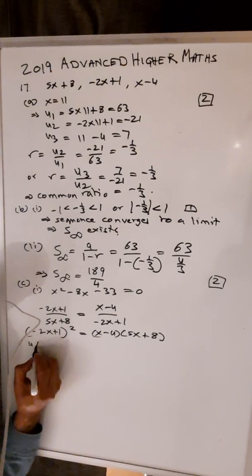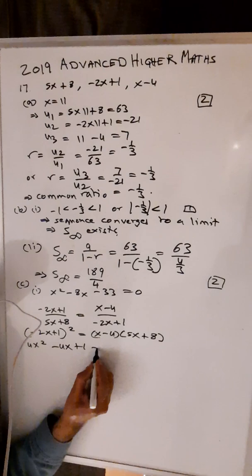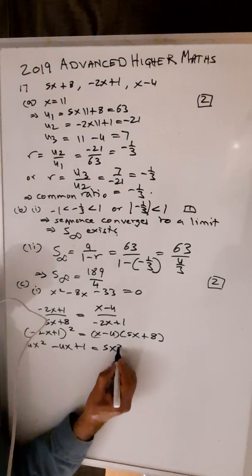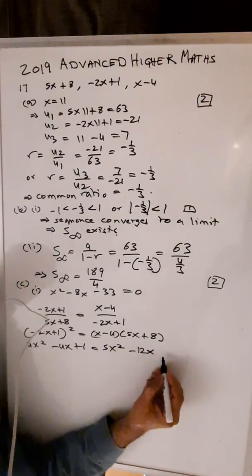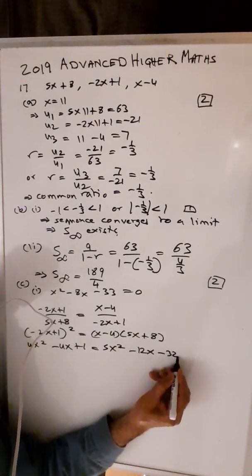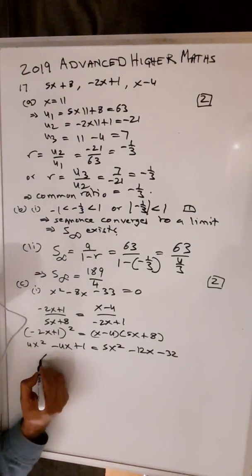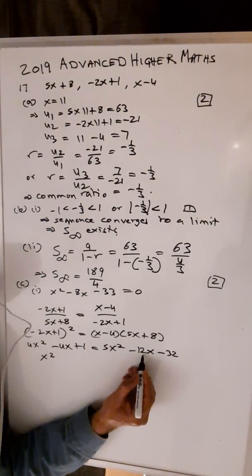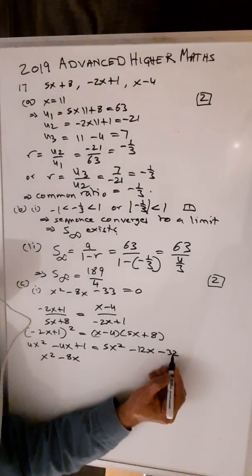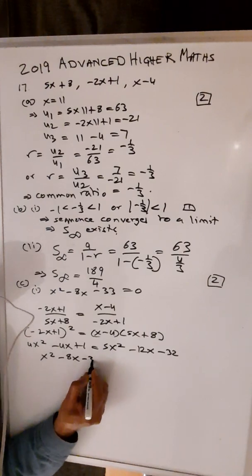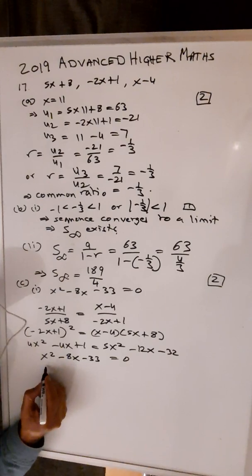This gives you 4x squared minus 4x plus 1 is equal to 5x squared minus 20x plus 8x minus 32. Take everything to the right hand side. 5x squared minus 4x squared gives you x squared. Minus 12x plus 4x gives you minus 8x. Minus 32 minus 1 gives you minus 33. That equals 0.